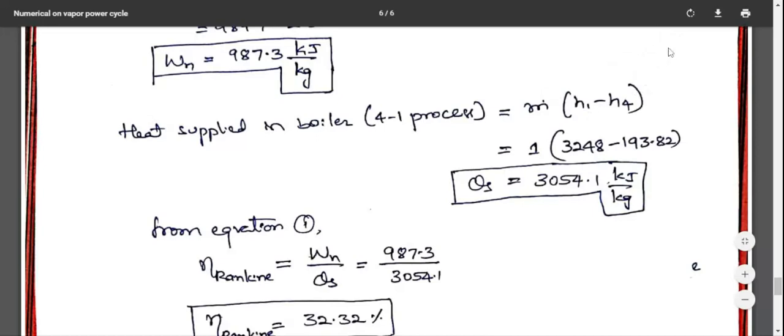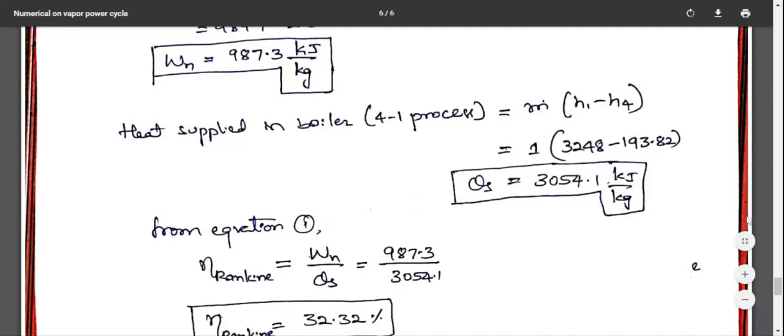Between these two, point number 1 enthalpy is more compared to point 4, so that is H1 minus H4. The mass flow rate of steam is not given, so you assume it as 1 kg per second. H1 is given in the numerical, and H4 you have calculated. Subtract these two, you will get the value of Qs as 3054.